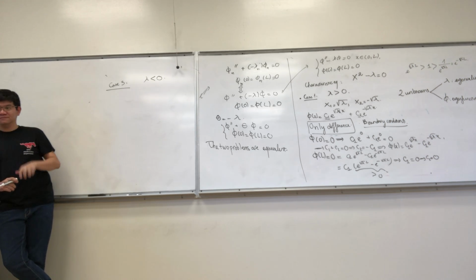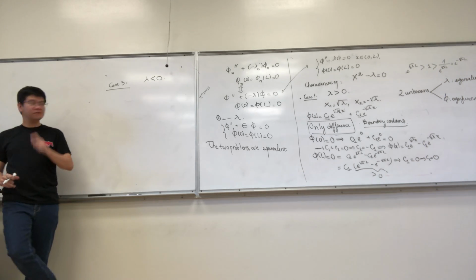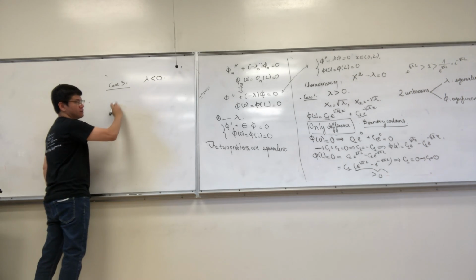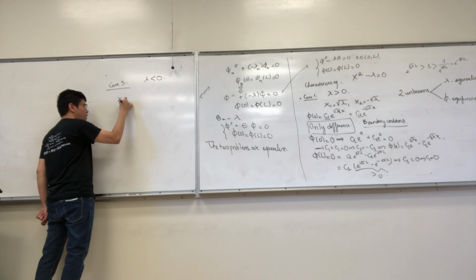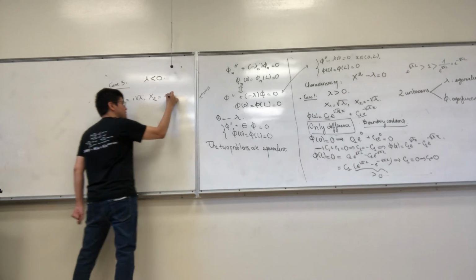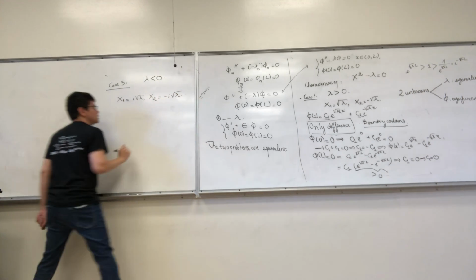Yes? We get C1 cosine square root lambda x plus C2 sine square root lambda x. Right. So when lambda is negative, x1 will be i square root lambda, and x2 will be minus i square root lambda, right?